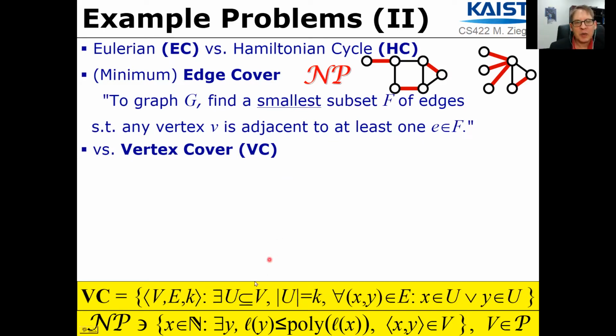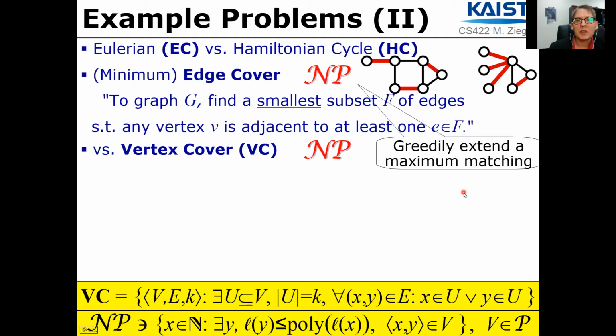The vertex cover problem dually asks whether there exists a subset of the vertices of size at most k, such that every edge has at least one endpoint in this small subset of the vertices. This is also easily seen to belong to NP. It's also already formulated in this syntactic form. Again, this raises the question whether this classification in NP is optimal or not.